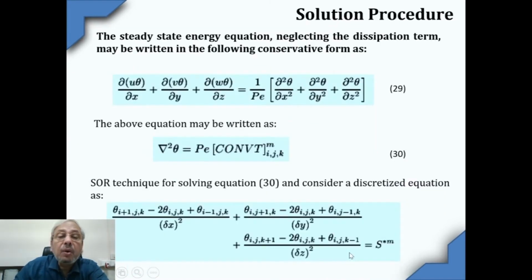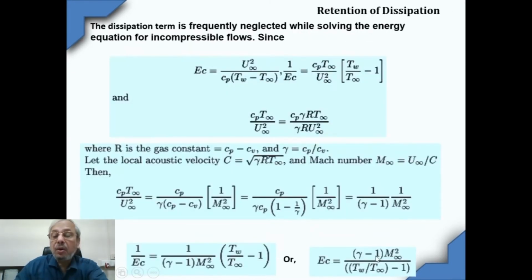Now we can go for a little order of magnitude analysis. Usually gamma for diatomic gases or for air can be taken as 1.3 or 1.4, and then gamma minus 1 becomes a decimal quantity. Mach number for incompressible flows is less than 0.3.